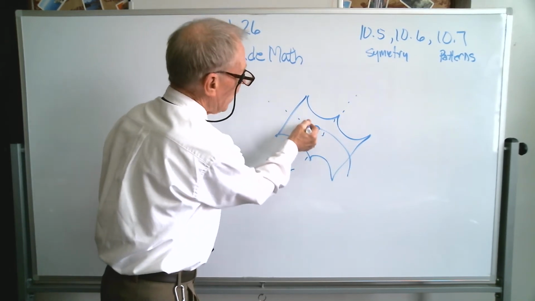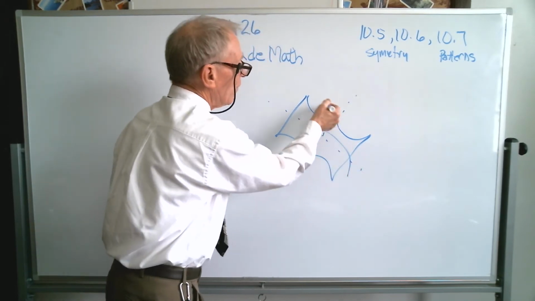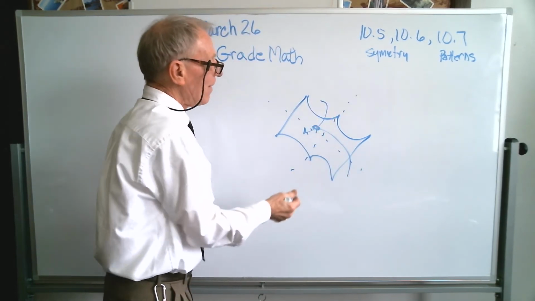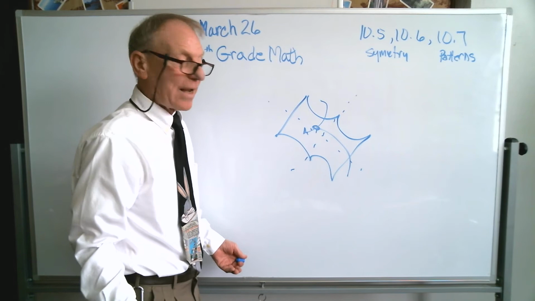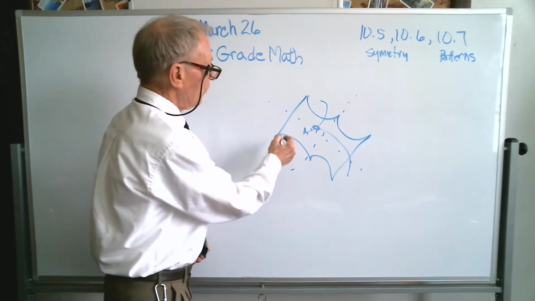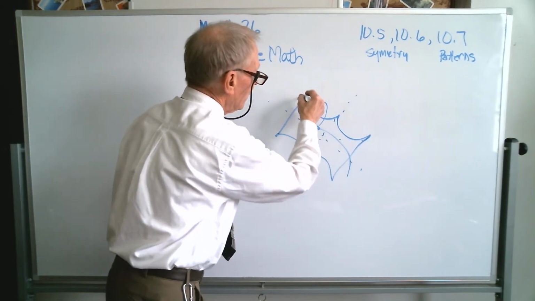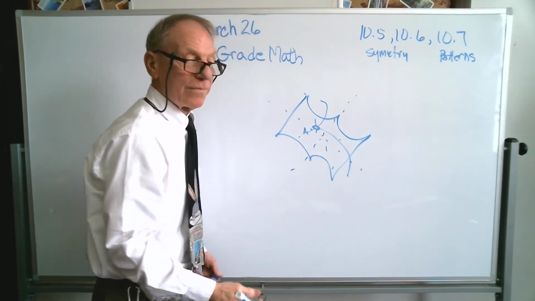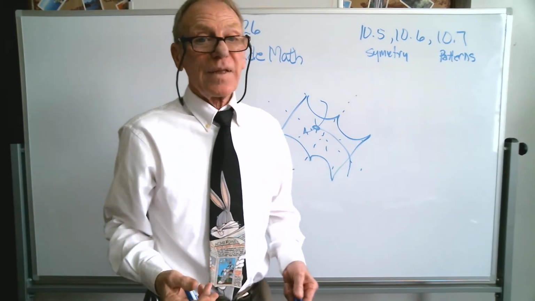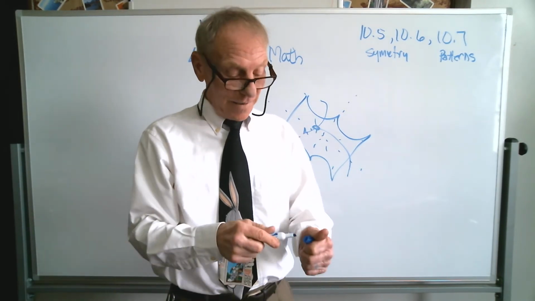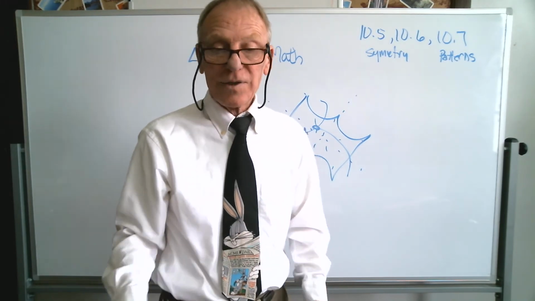But if you go this way and fold this half over onto this half, it's symmetric that way as well. If you go from corner to corner and fold it, you'll find that that shape cannot be symmetric on the diagonal.